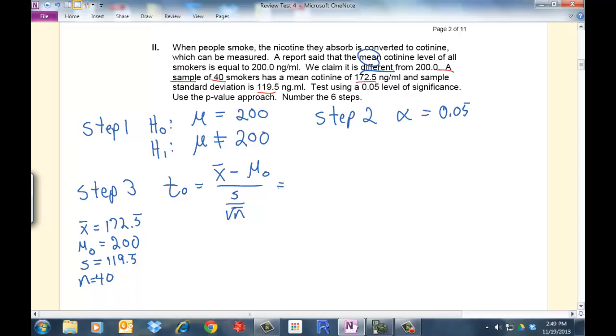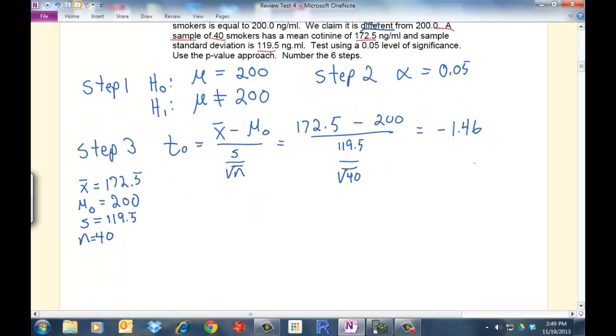So let's plug this in. (172.5) minus 200 over 119.5 over the square root of 40. And remember, we're going to round t-scores and z-scores to 2 decimal places, so this comes to minus 1.46.